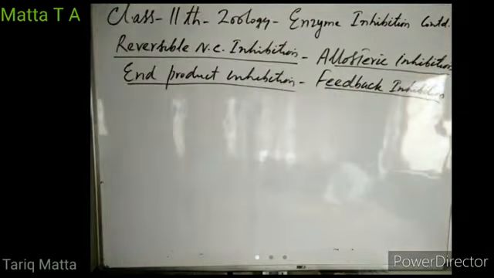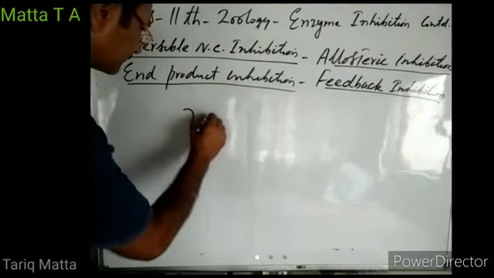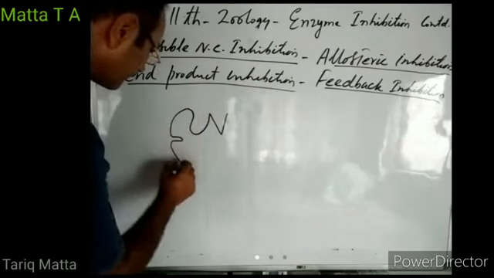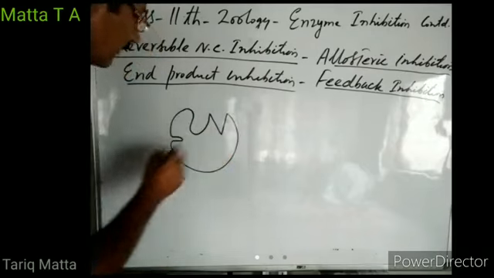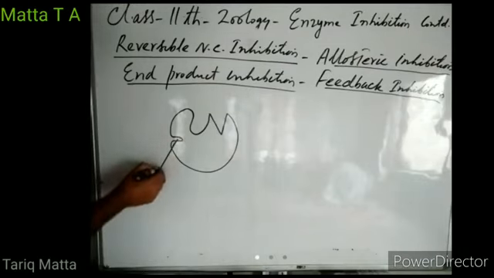There are certain enzymes in our body which, in addition to the active site, have another site well away from the active site. This site is known as the allosteric site.